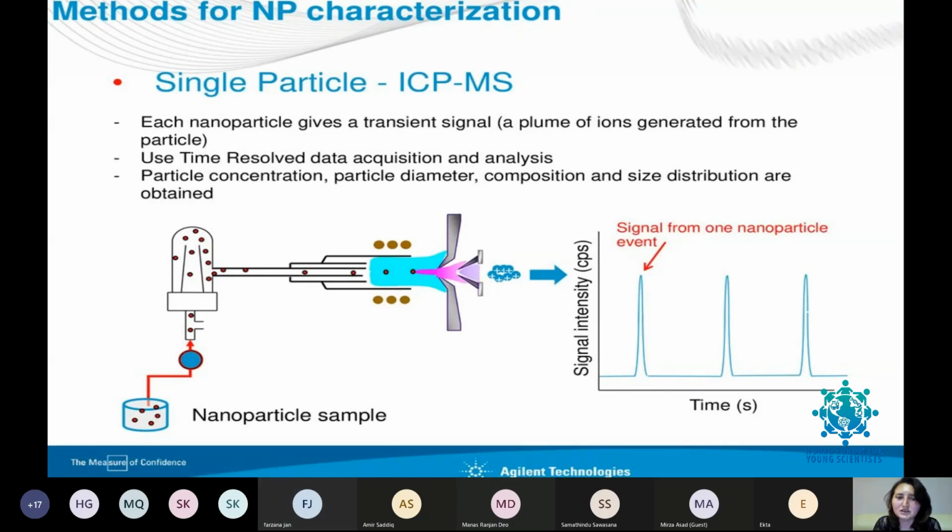Particle concentration, particle diameter, composition, and size distribution are obtained. You can see here we have a nanoparticle sample, and we can detect. After detection, we will see on the computer screen the signal from the nanoparticle event, where we have the dependence of signal intensity on time.